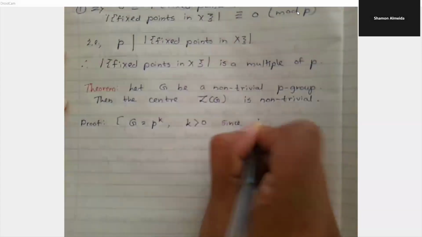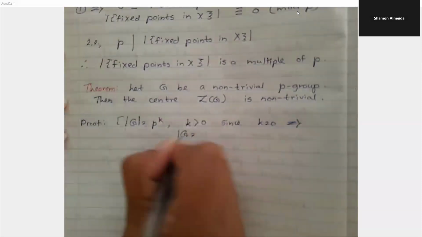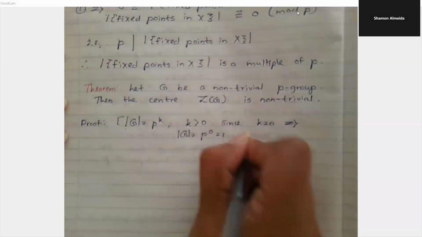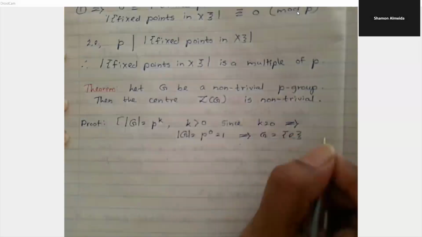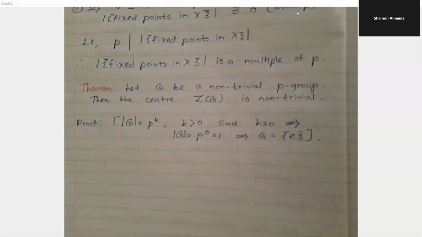Since k equals 0 implies that the order of G is simply p raised to the power of 0, which is 1, implying G is the trivial group. That's why we have to have k be a positive number, excluding 0. Right.